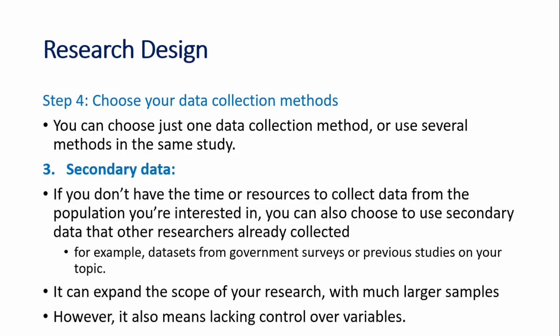So the fourth would be secondary data as well. If you don't have any time or resources to collect data from the population you are interested in, you can also choose to use secondary data that other researchers have already collected. For example, data sets from government surveys or previous studies on your topic.